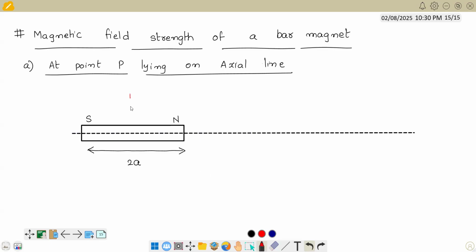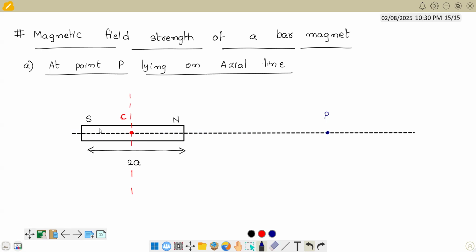Now let us draw a perpendicular bisector exactly here, and let me call this the center. So let this be the center of this bar magnet, and this is some point P where I am trying to find the magnetic field. Now this is one pole, this is another pole.